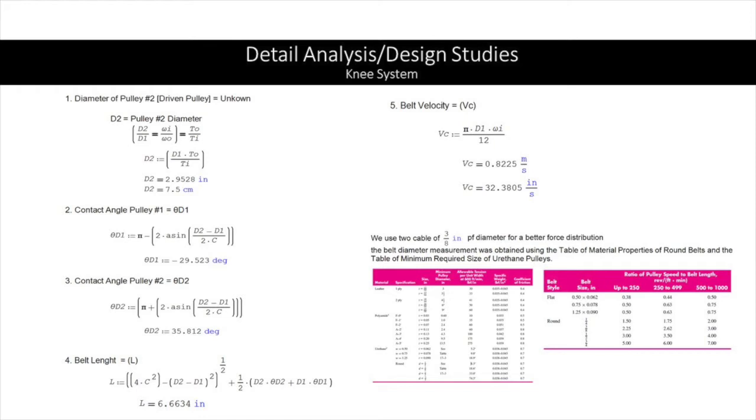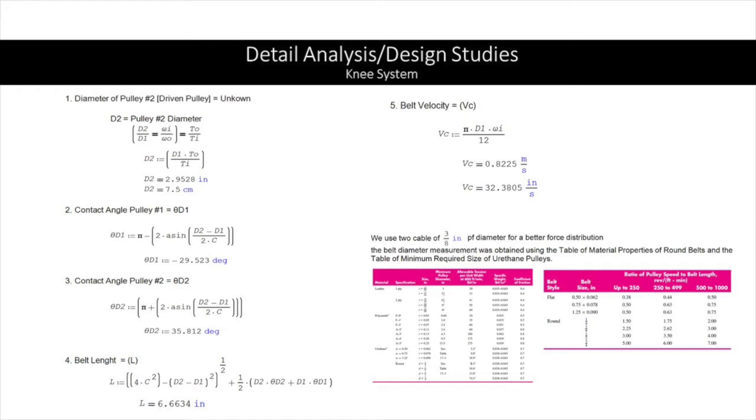We obtain a contact angle of pulley 1 of negative 29.523 degrees. For the contact angle of pulley 2, we obtain an angle of 35.812 degrees.